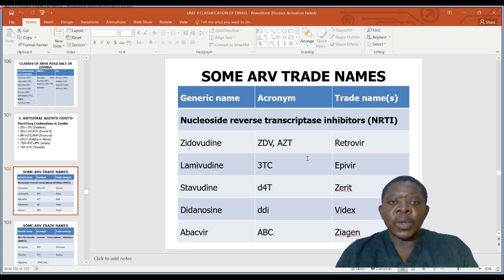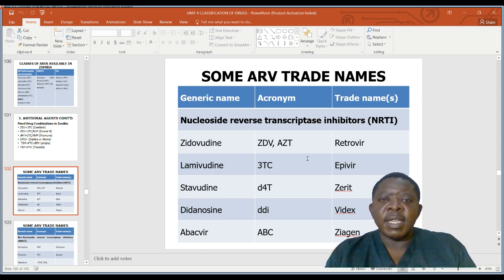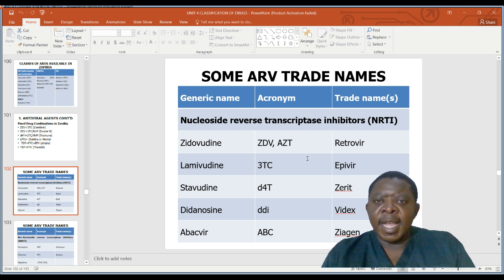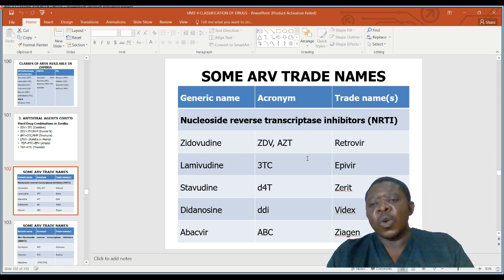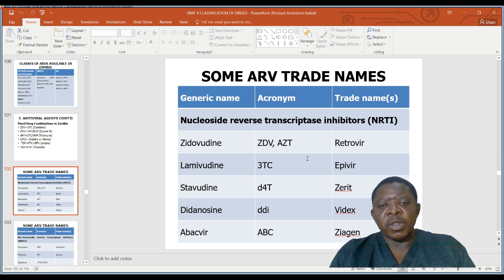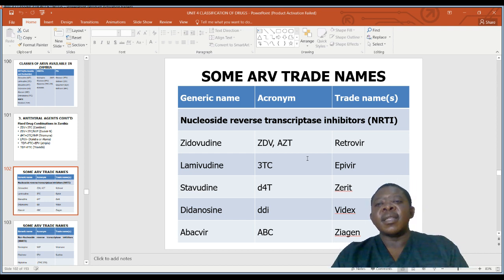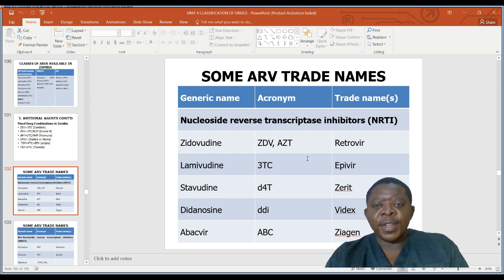It is also important to know the generic name of the drugs, the acronym, and also the trade name of these drugs. Zidovudine is abbreviated as ZDV or AZT, and the trade name is Retrovir. Lamivudine is abbreviated as 3TC, stavudine as D4T.